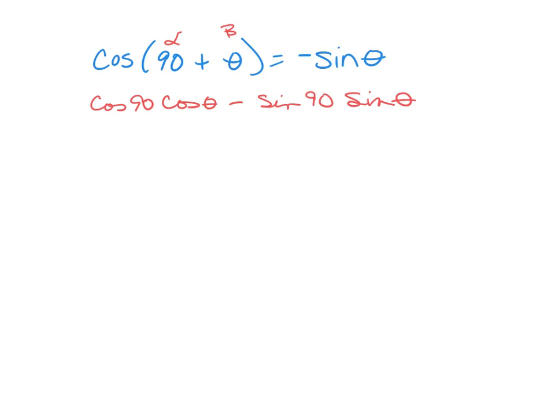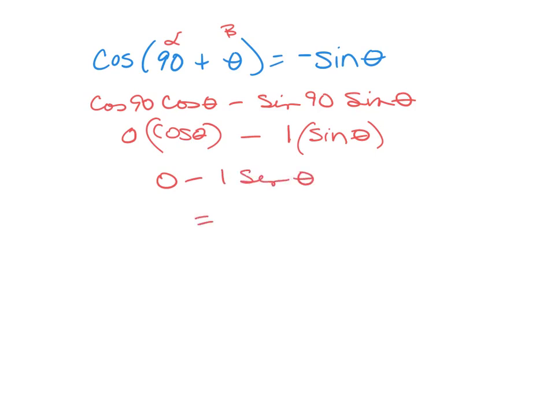What is the cosine of 90? 0. 0 times cosine of theta is 0, minus sine of 90, which is 1, times sine of theta. So that's going to be 0 minus 1 sine of theta, which is equal to negative sine of theta. You're proving that the left side equals the right side by using the sum and difference formula.